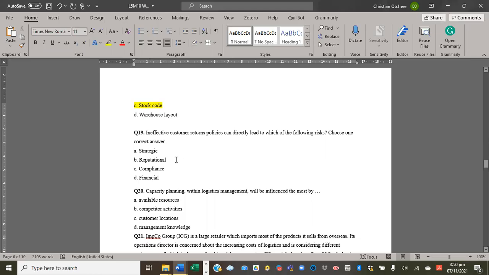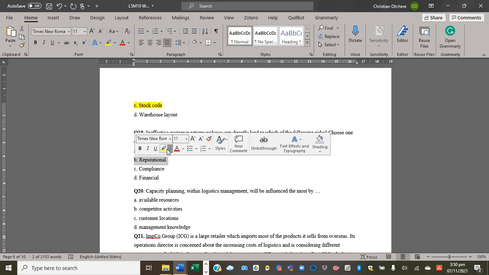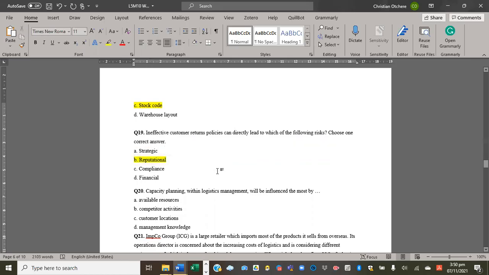Okay, reputational risk. All right. So if customers return the goods and you don't manage them effectively, it becomes a problem.